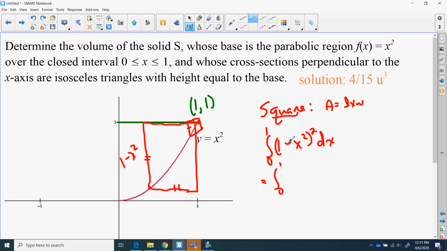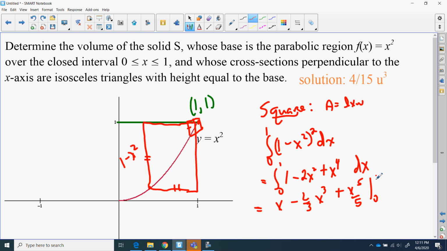I'm not going to do it all out, but you'd expand that. So you get 1 minus 2x squared plus x to the 4th dx. Take the antiderivative of each one. Maybe we'll just do it to refresh your memories. So we'd have x minus 2/3 x cubed plus x to the 5th over 5 after you do your antiderivative.